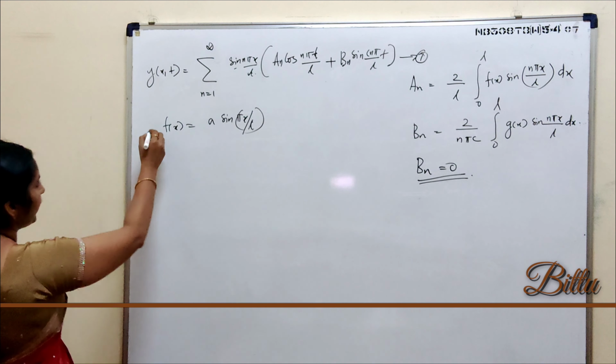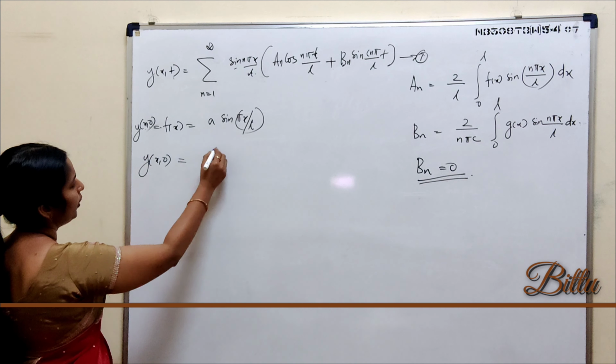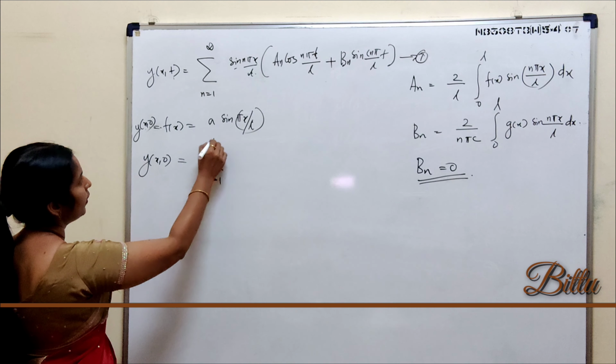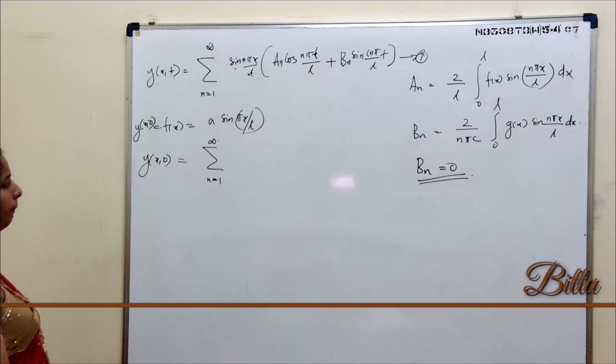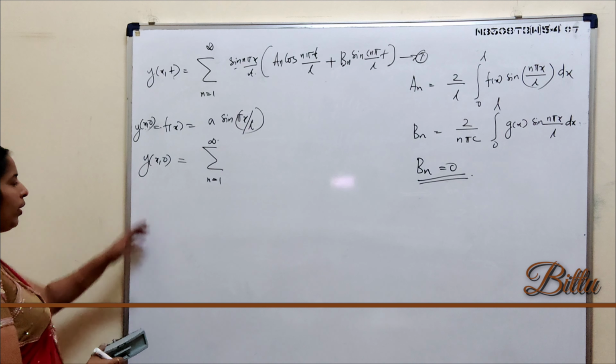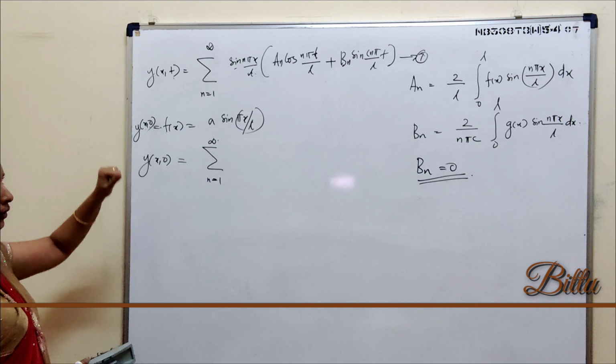In this equation, you find y of x,0. Y of x,0 equal to, for applying this equation, you put t equal to 0.